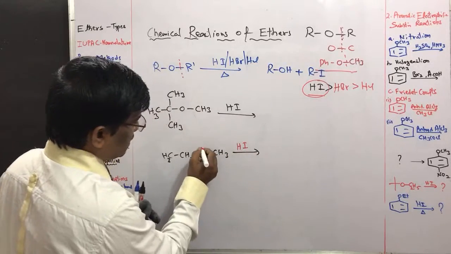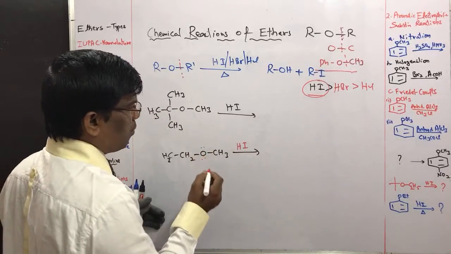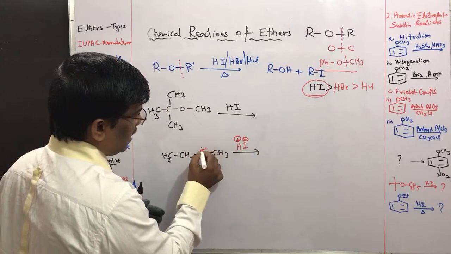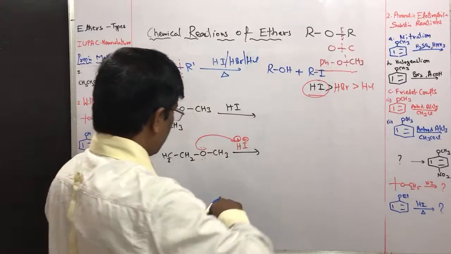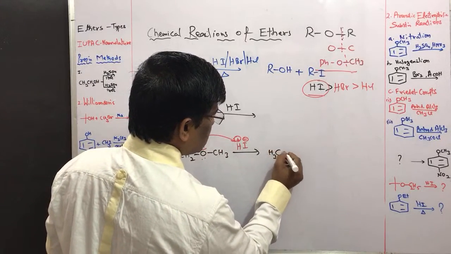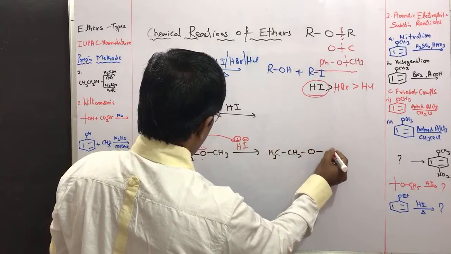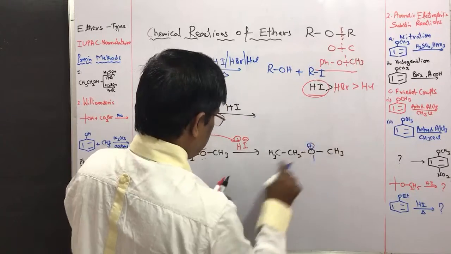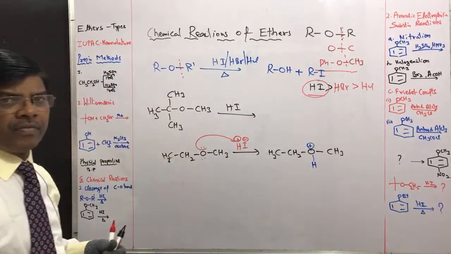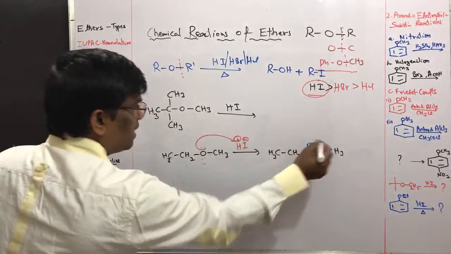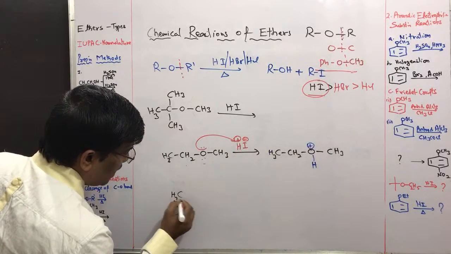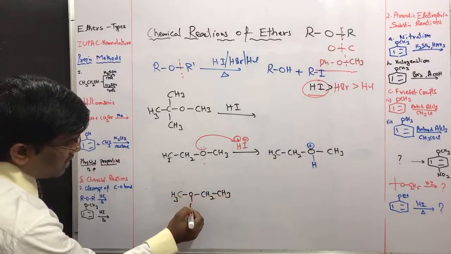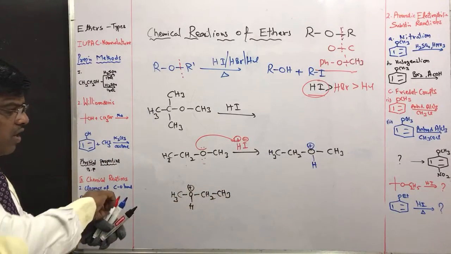The first step is, since the ether is going to have a lone pair of electrons, it is positively charged and this is negatively charged, and it takes a proton to give the intermediate CH3 CH2 O with hydrogen, and CH3. In this case, the methyl group is very easy or unhindered. This side CH2 CH3 is having positive charge. So what is going to happen?